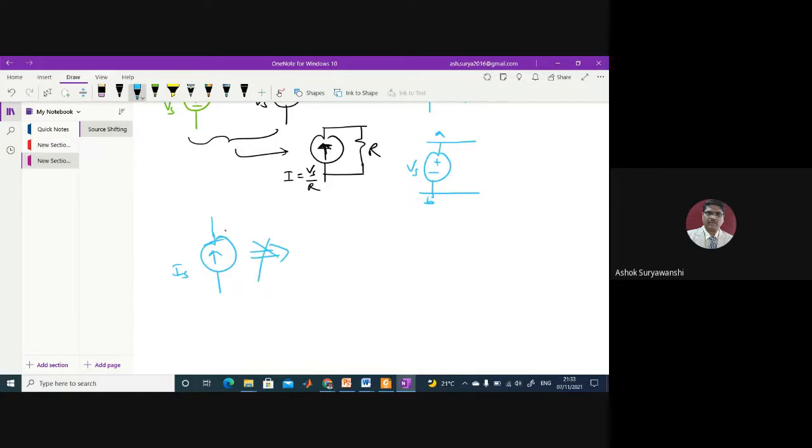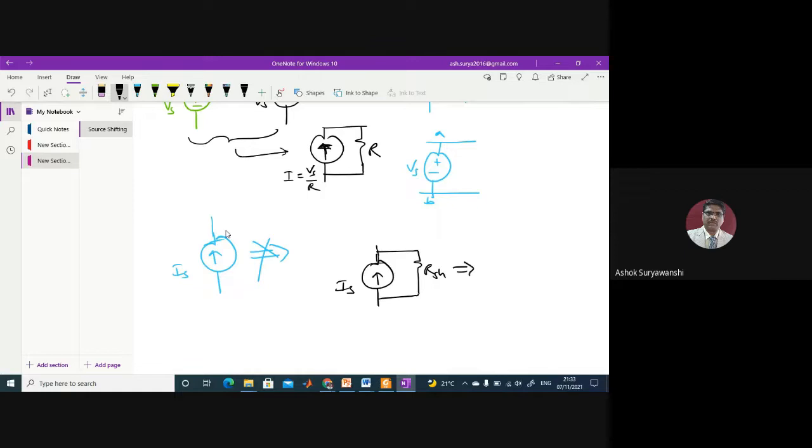We have seen in the previous lecture that if there is a current source and that current source has a resistance across it, this resistance, the shunt resistance, can be the internal resistance of the current source or an external resistance.